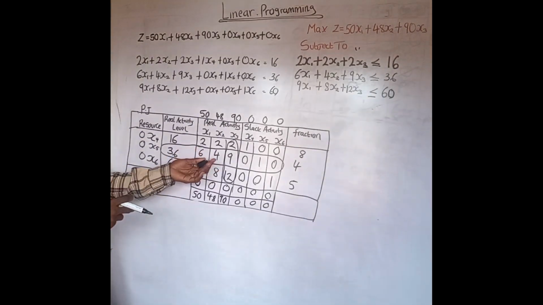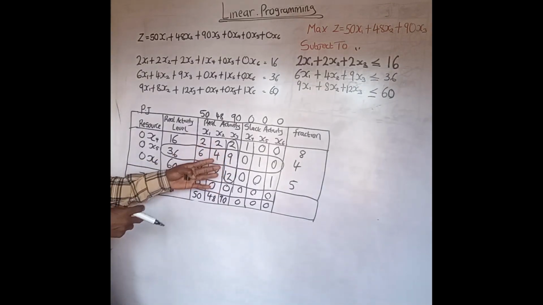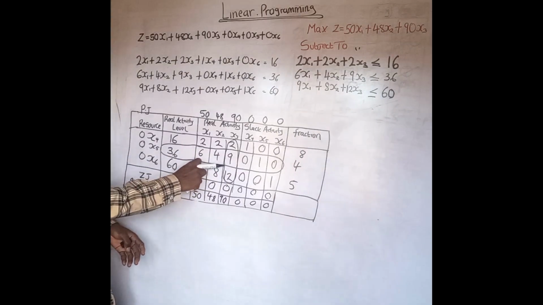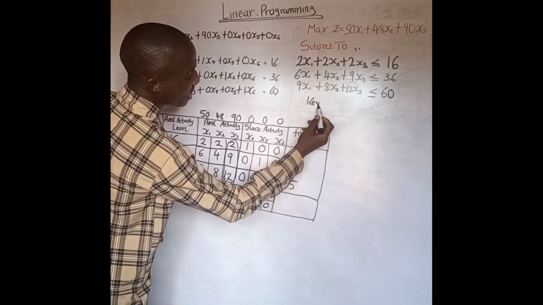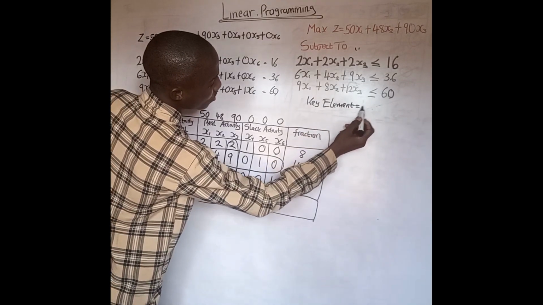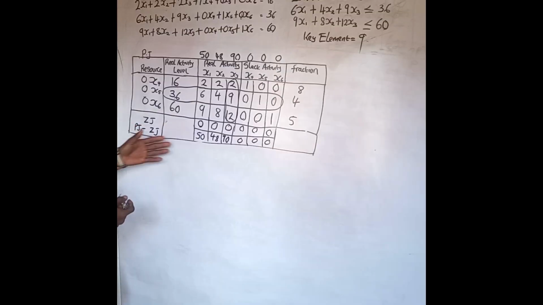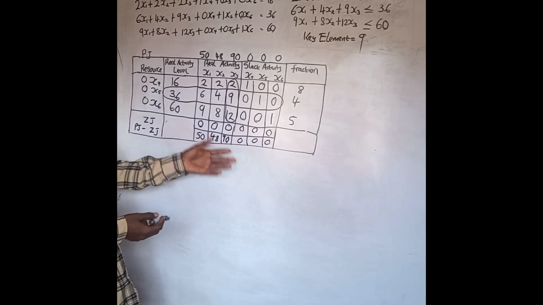Now, the element that intersects both the key row and the key column is 9. You can see here the element is 9. So my key element is now 9. You can see that for the value of my pj minus zj, I still have positive values.